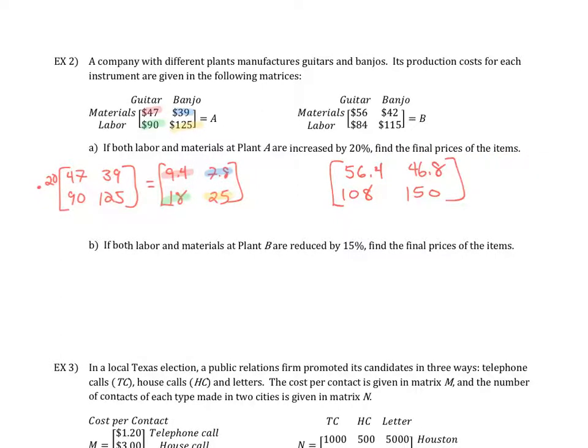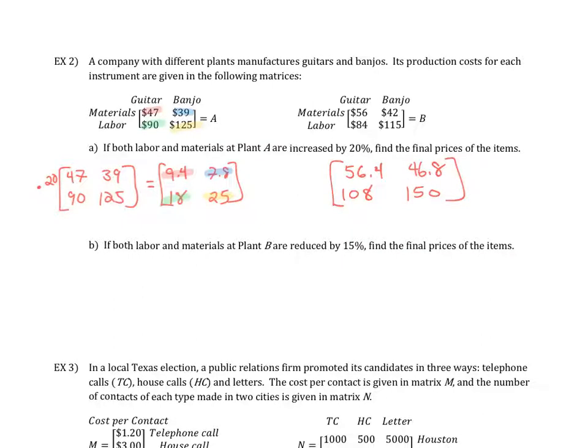That's what we're looking for. So you'll see back here, the first column here is the total price of the guitar, not the banjo. The second column would be the total price of the banjo. And after the increase, we would still have to add the columns together to get the total price of each.